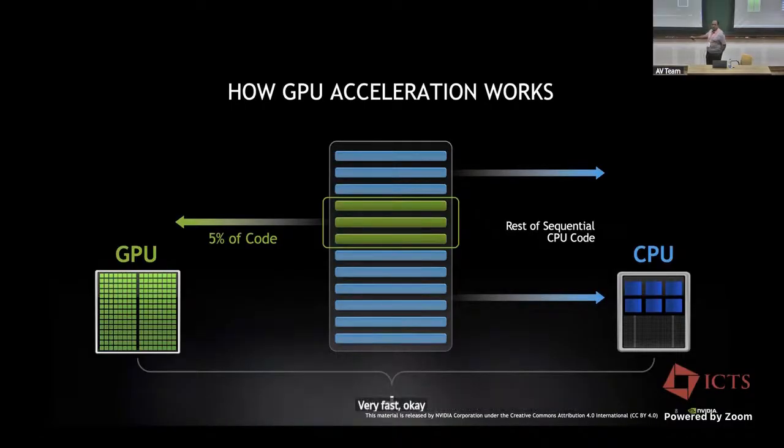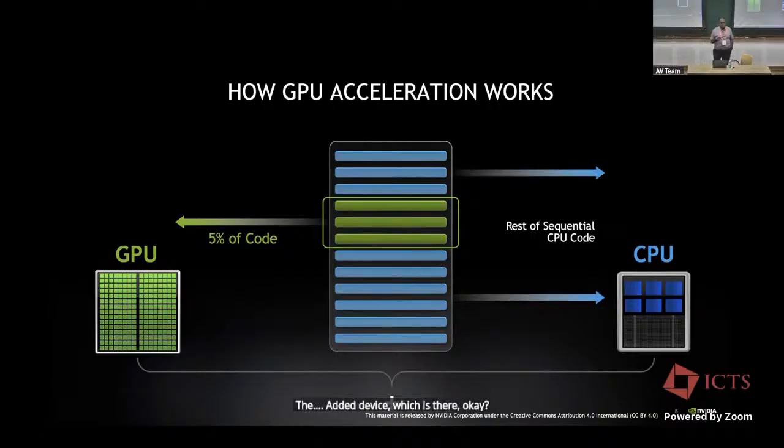Very fast means in a massively parallel way, high throughput computing. And this part of the code is still running on the CPU. So the model is that you have a computer on which one program runs, and a certain portion of that program goes to the added device.